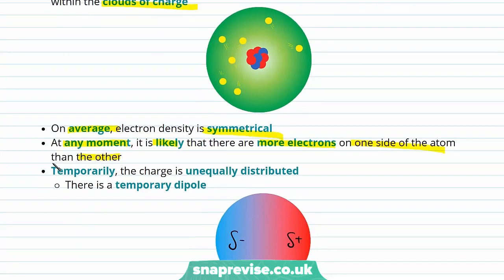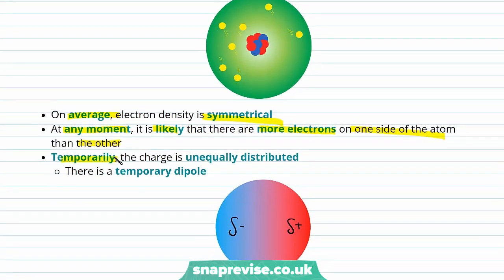And as a result, temporarily the charge is unequally distributed, and there's what we call a temporary dipole. In our example here, you can see there are more electrons on this side of the atom. As a result, this side will have a more negative charge. So temporarily, this side of the atom is negatively charged, and this side positively charged.